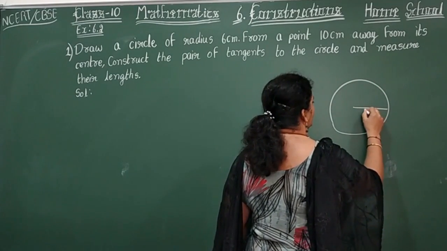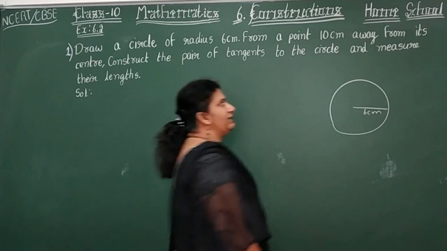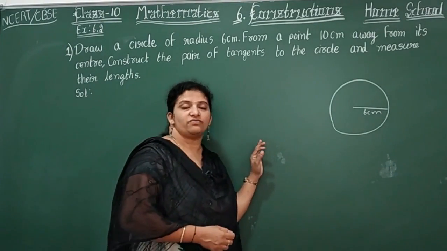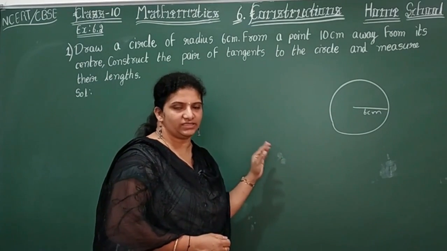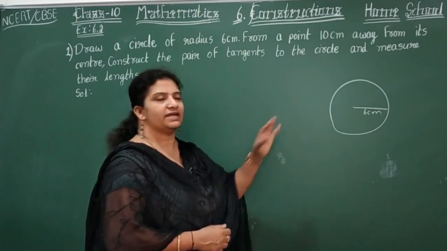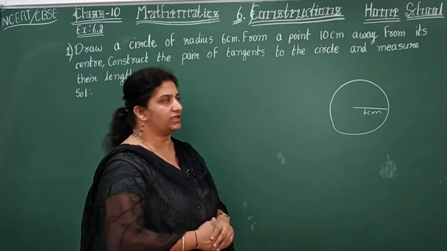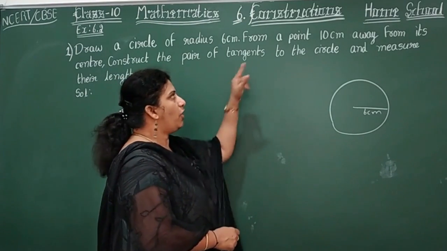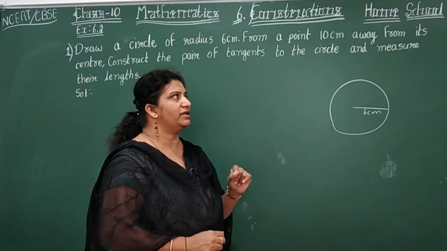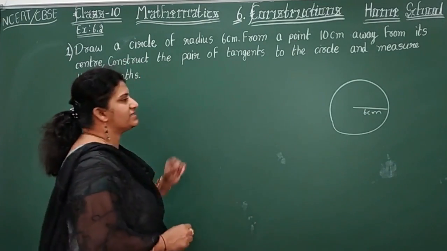Okay, this is how much? 6 centimeters radius. I have drawn a circle. So always when we are doing a construction, children, we need a rough figure. Now, 6 centimeter radius, we have drawn a circle. Then next, a point 10 centimeters away from its center.